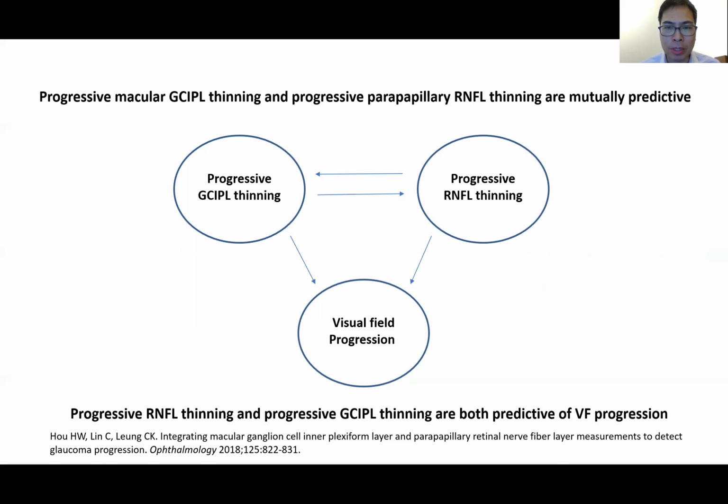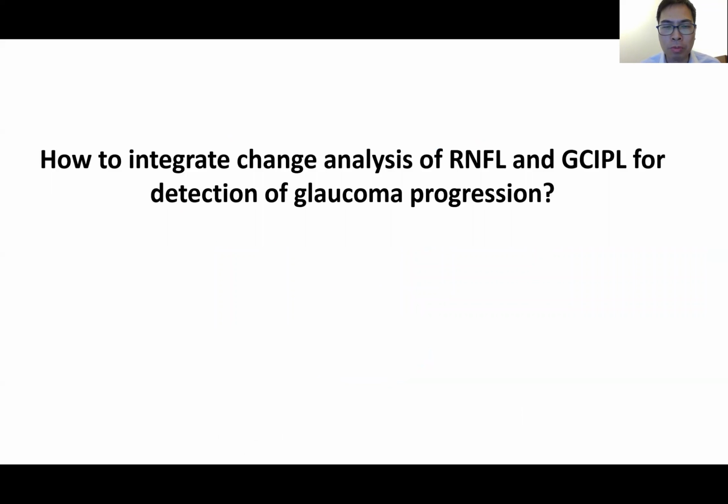So that's why when we see the intraocular pressure is high, we provide therapy to lower the intraocular pressure. But here, when we see loss of the retinal nerve fiber layer, when we see loss of the GCIPL, we need to be careful because this also tells you that these eyes are at a high risk of development of future loss of the visual field.